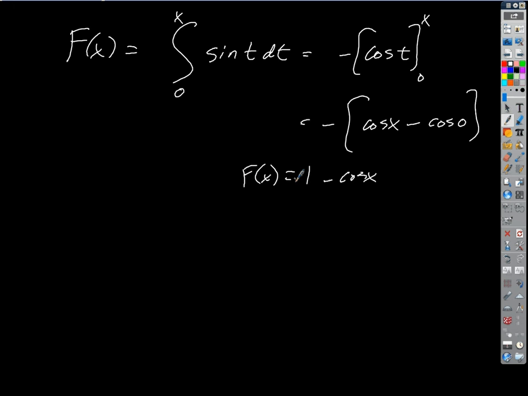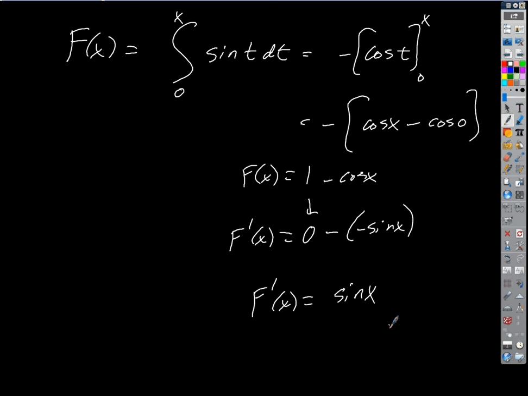Okay, well, let's do this the hard way, and let's calculate the derivative of that with respect to x. So what do we get? The derivative of 1 is 0. Minus, what's the derivative of cosine x? So f prime of x equals sine x.